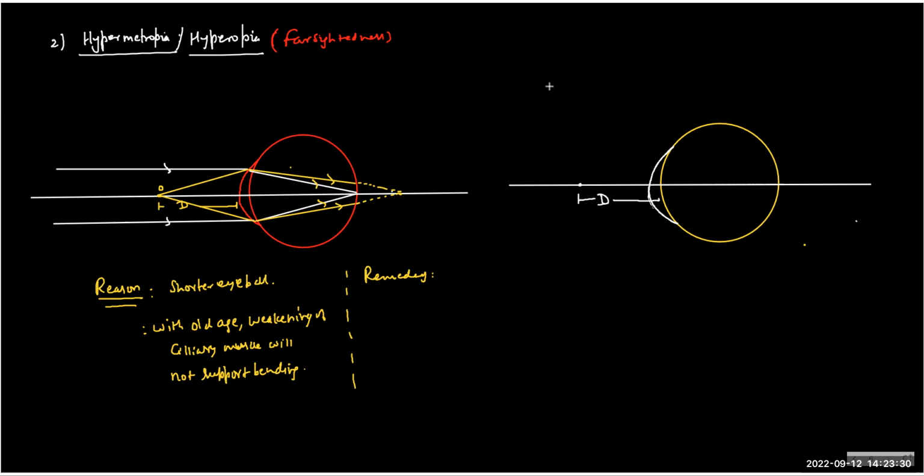So if I use, in the path, some convex lens, the O is here, this is the D. What will happen is the light ray which travels from here will bend a bit. It's difficult to show. It will bend a bit, and this will eventually get focused here.